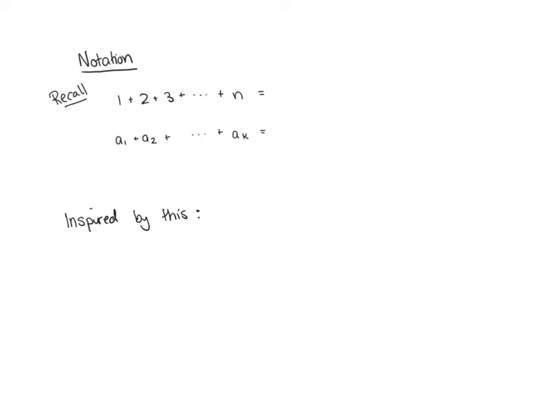Okay, so building up from this, we're going to recall some notation that we've used previously, and then from there we'll build up new notation for unions and intersections. Maybe you remember seeing from Calc 2, when we're talking about infinite sums, we can use this sigma notation or this summation notation.